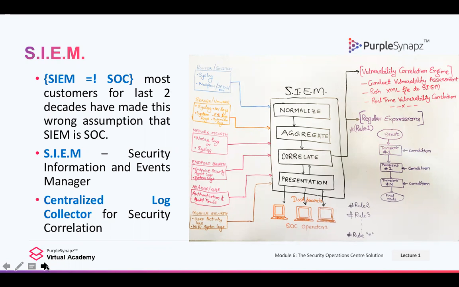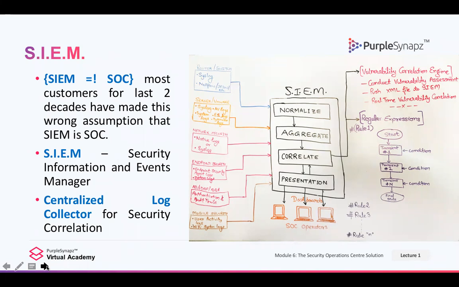I'm going to explain this diagram in a short while. But the most important thing which is written on the top, you have to understand: most customers whom I have visited across the globe, in my 2 decades of experience, I have seen them making the wrong assumption that SIEM is equal to SOC.